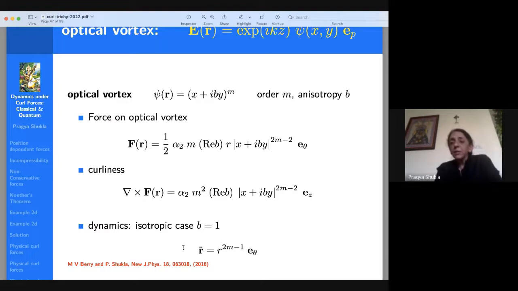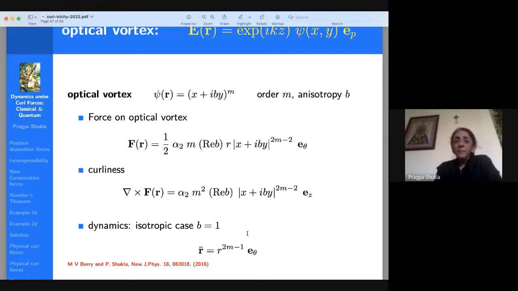So this equation is now describing how the center of mass of a polarized atom moves in an electromagnetic field with the paraxial approximation and near an optical vortex. This equation describes the dynamics of a small polarizable particle near an optical vortex.